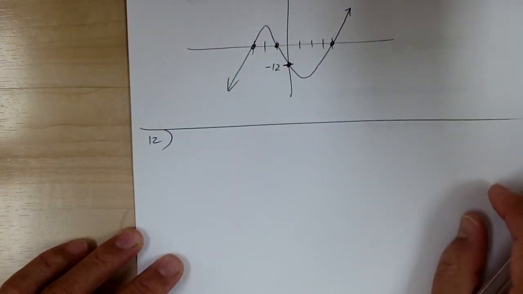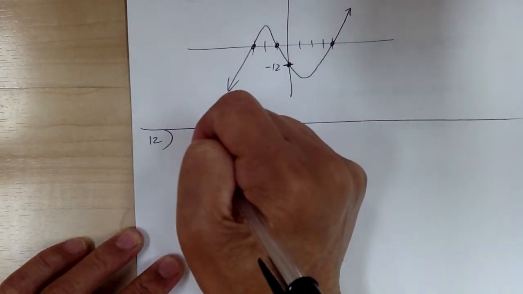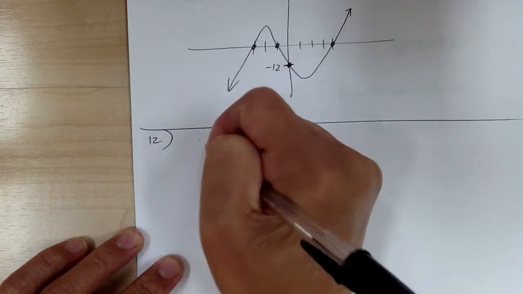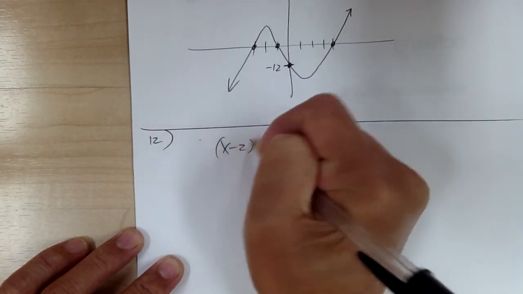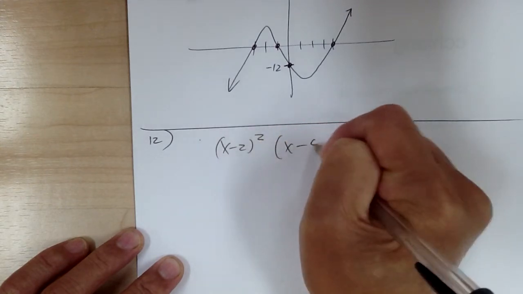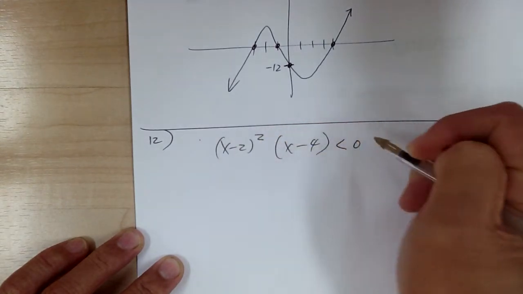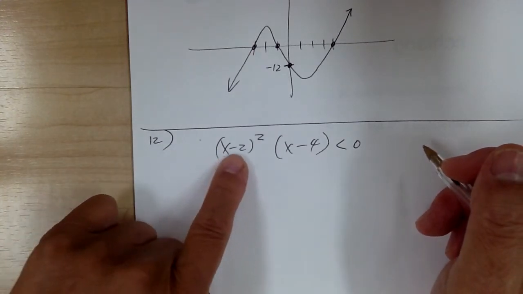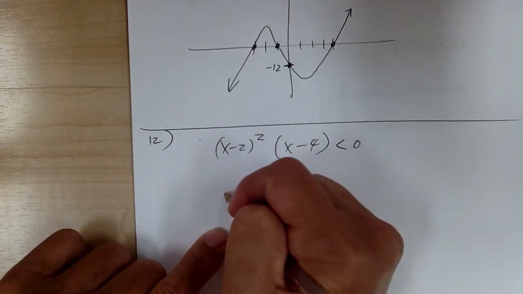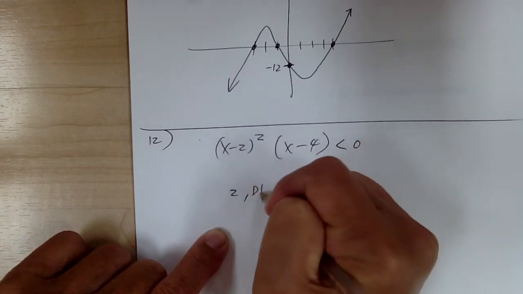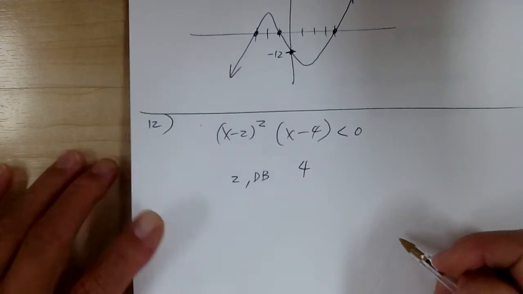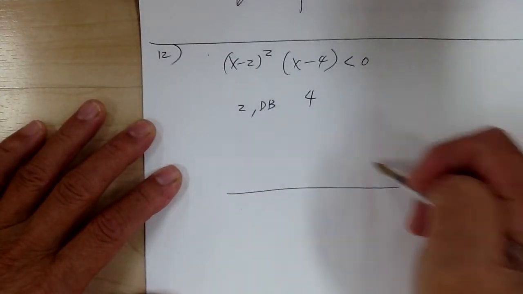Okay, so this one you're solving inequalities. You're going to do something very similar. So number 12, you have x minus 2 squared, x minus 4 is less than 0. So from here, you're going to get a critical value at 2, and this is the double, and you're going to get 4 from here. Okay, so go and sketch.